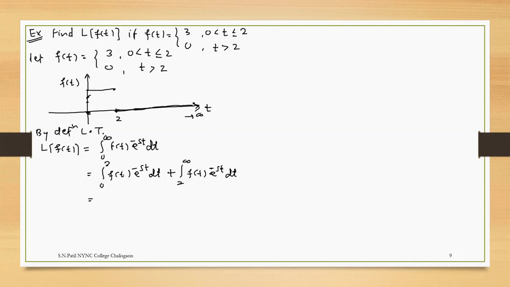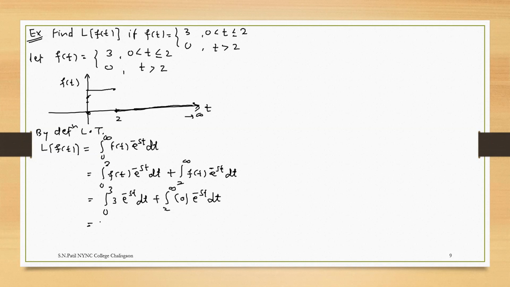Now when t lies between 0 and 2, the value of f of t is 3, so we get the integral of 3 e raised to minus st dt, plus the integral from 2 to infinity, where the value of f of t is 0.